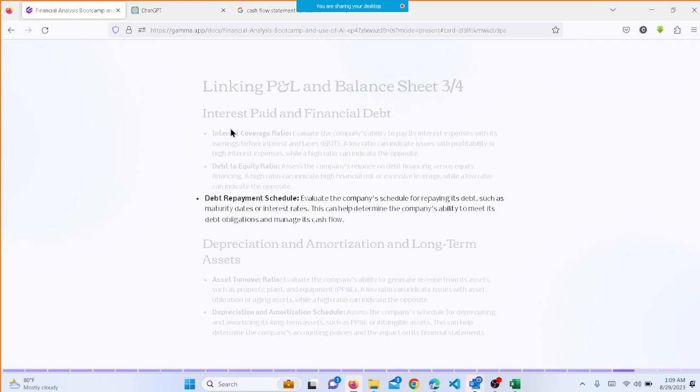If the debt has increased and the interest has increased more than the total increase in the debt, it means the company may be borrowing at a very high rate.